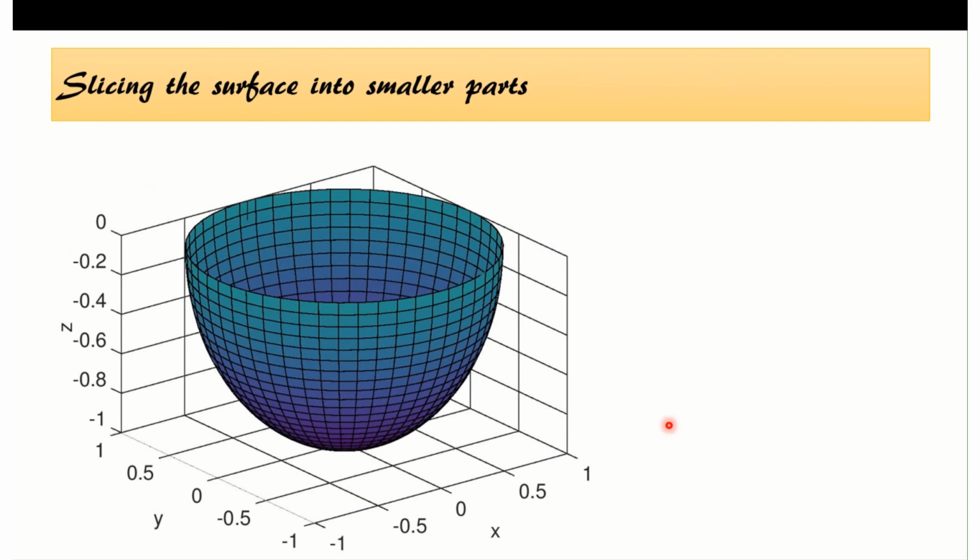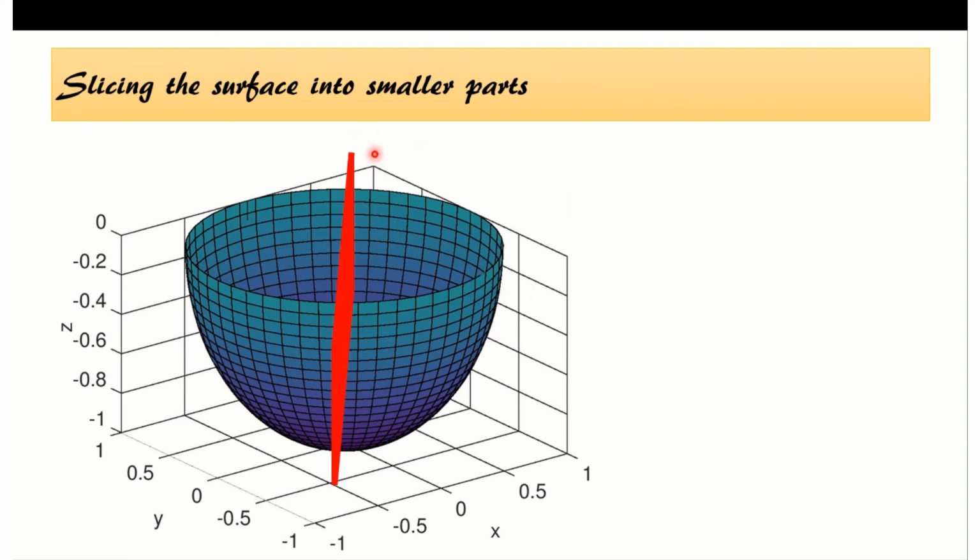So here, in order to evaluate this integral, let's talk about doing an integral over the whole surface, right? So now, for example, you can slice the surface into half.